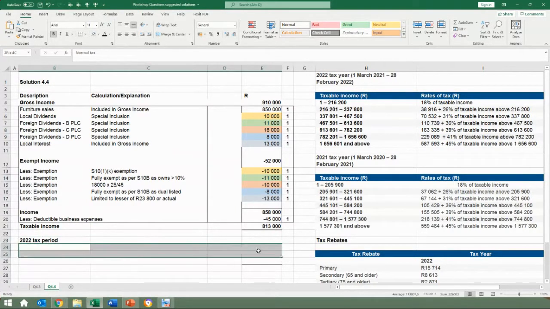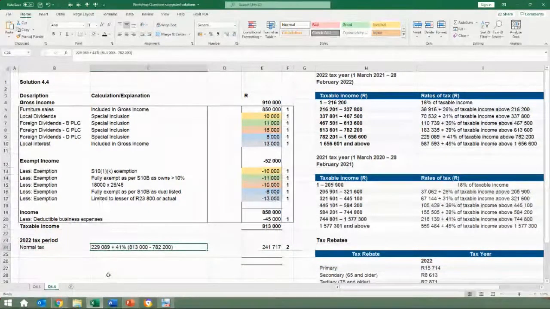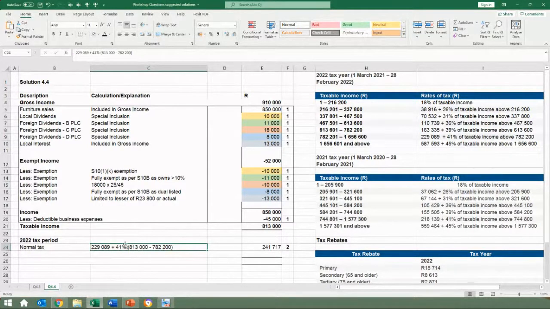So in a test, it is important that you show the calculation, because we normally assign a mark for that tax amount. You get a mark for the percentage, and then you get a mark for this calculation. If you've made an error at the end, but you got the other things correct, I can still give you marks for that.